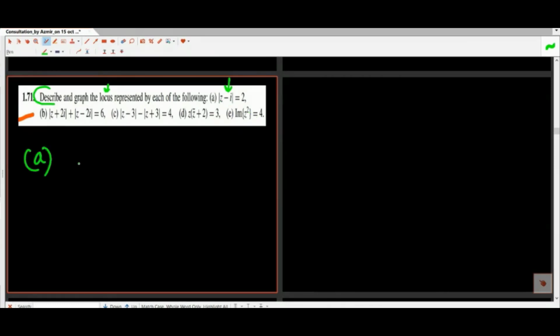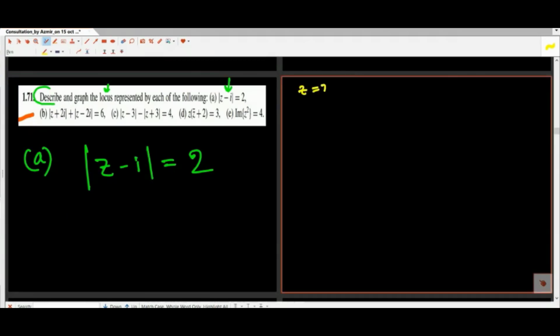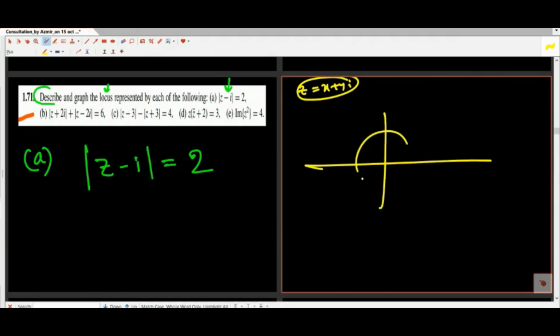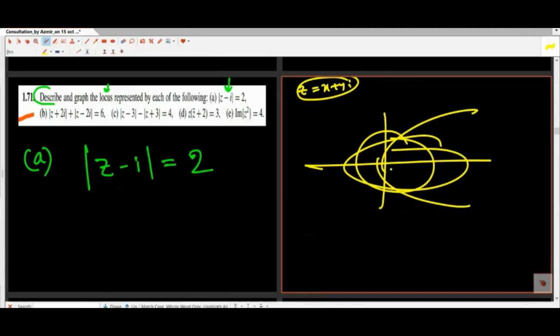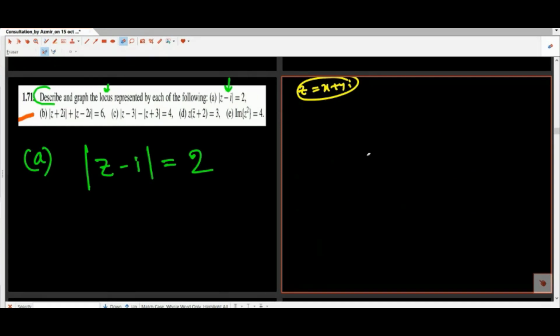That is, here we have modulus of z negative i equals 2. To solve these problems, you have to follow some steps. Where you have z, you know that z equals x plus yi, because we are going to find the equation.